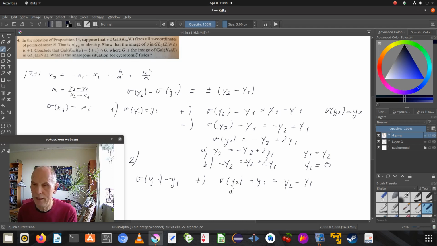And then A, if it's plus y2, then y1 equals minus, nonsense. I'm losing my concentration. y1 is naught, and then the sign is arbitrary. And if it's minus y2, then they are identical.